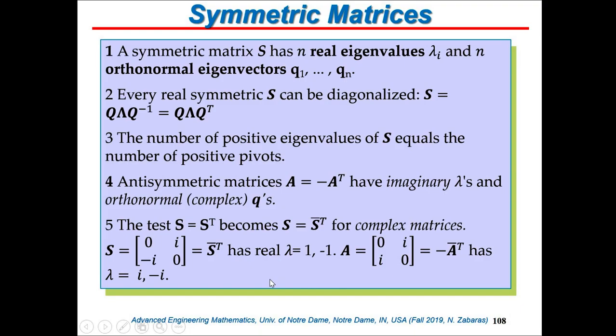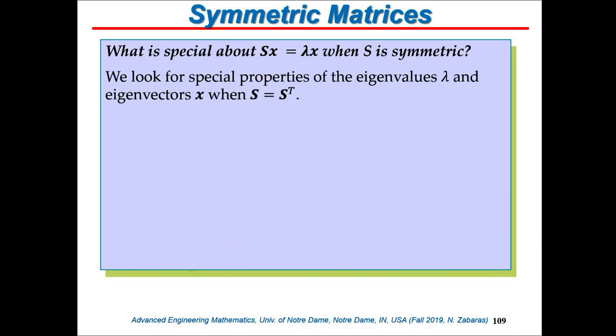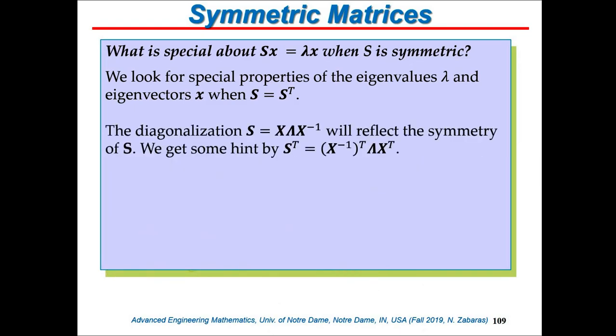Okay. All right. So let me go back to these ideas of symmetric matrices leading to real eigenvalues and an orthonormal eigenvector basis, and try to expand and possibly try to prove some of this. So we are looking at symmetric matrices.